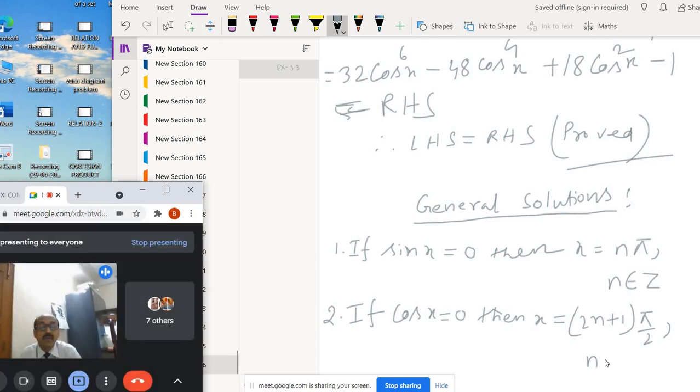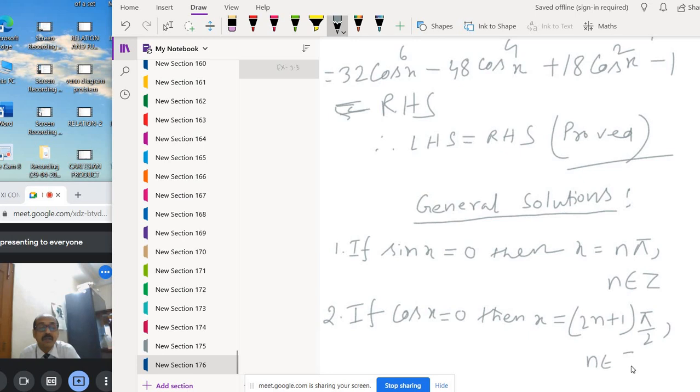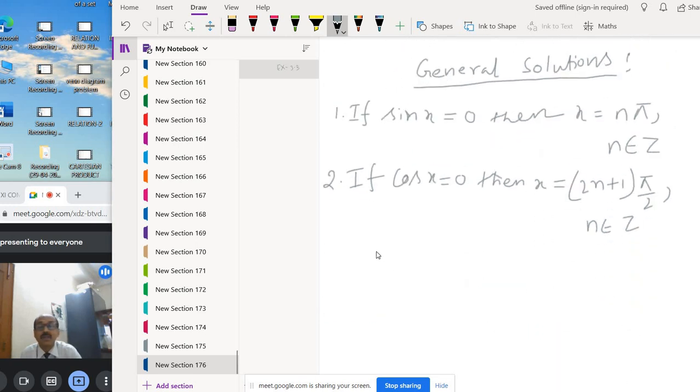So where n belongs to Z. Then tan x equal to 0. If tan x equal to 0, then sine and tan are the same formula, because sine by cos is tan.